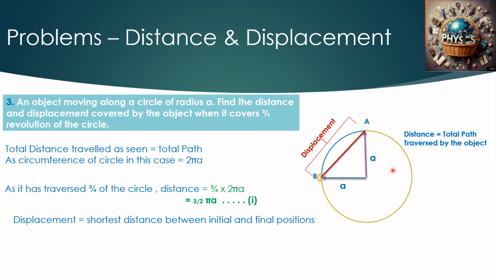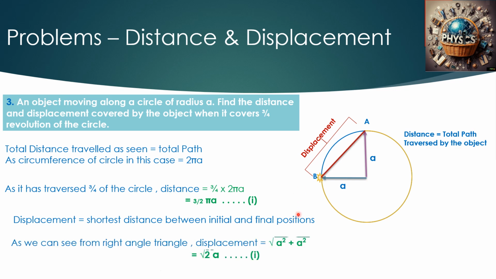So again, we are seeing a right angle triangle here with the base equal to A, the perpendicular also equal to A, and we need to find AB, which will give us the displacement. So which is as simple as using the Pythagoras theorem again, square root of A square plus A square, and that is equal to root 2 A.